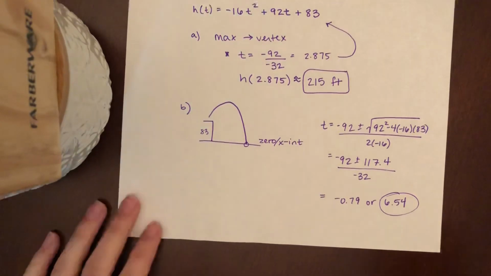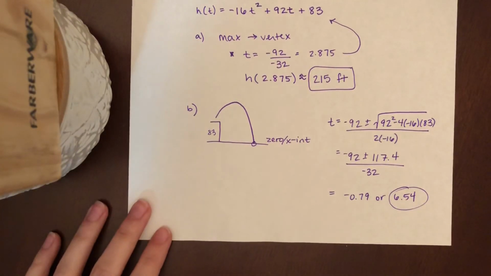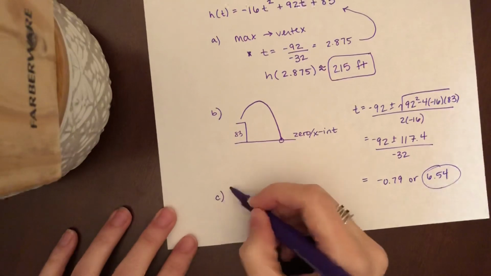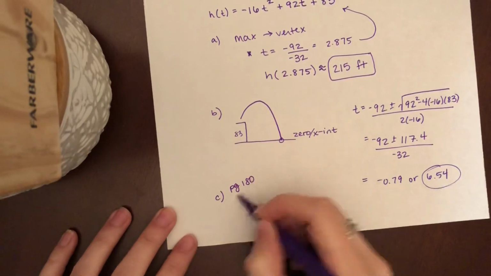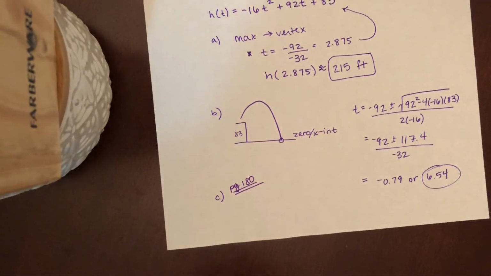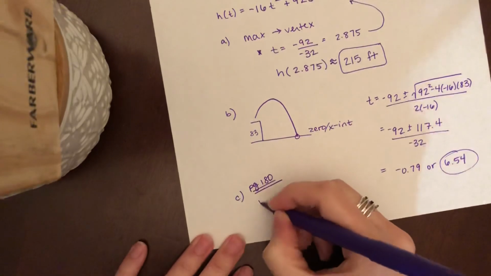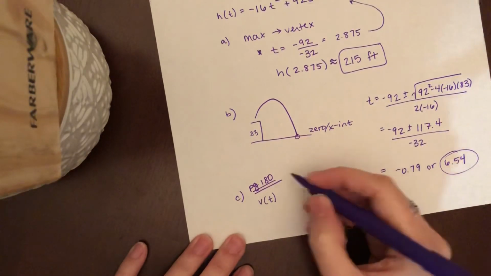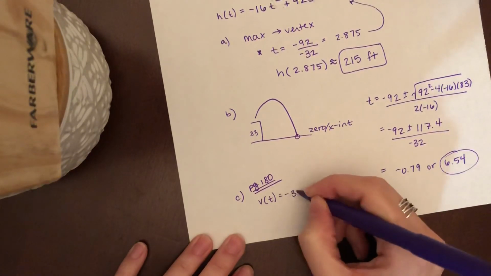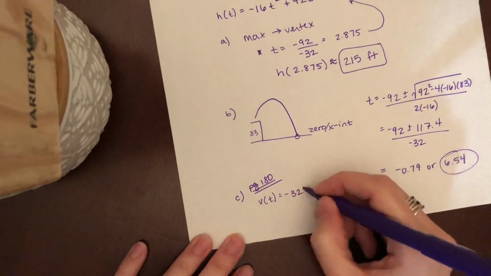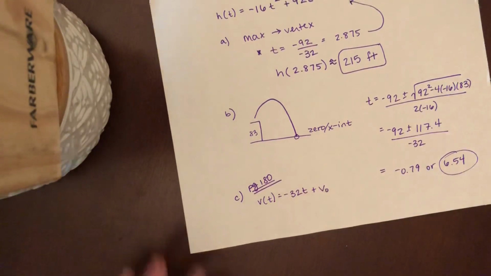Part C, vertical velocity. This is on page 180 of your textbook. So if you want to look at the formulas, I forgot to mention that, they are just a couple pages back. So you can look into how they use it. The vertical velocity formula is V of t equals negative 32t, since we're talking about feet, plus the initial velocity.